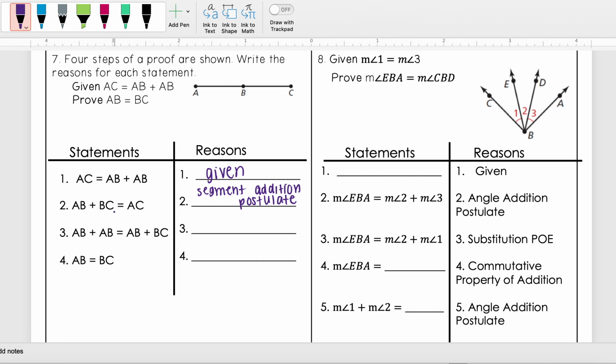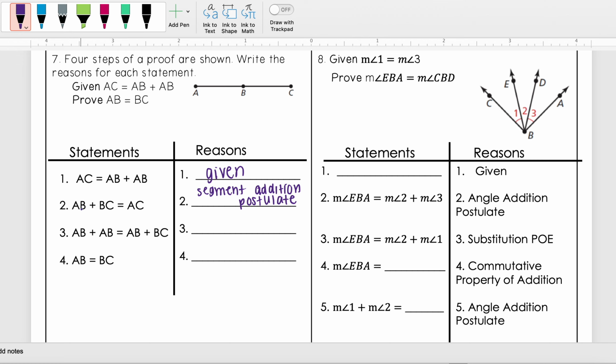Okay, and then the next step, they have AB plus AB is equal to AB plus BC. So this one might be a little bit tricky when you're first looking at it. Like, you might be thinking, how did they get to that? Well, we need to look at our 2 previous statements here. My first statement, I have AC is equal to AB plus AB.